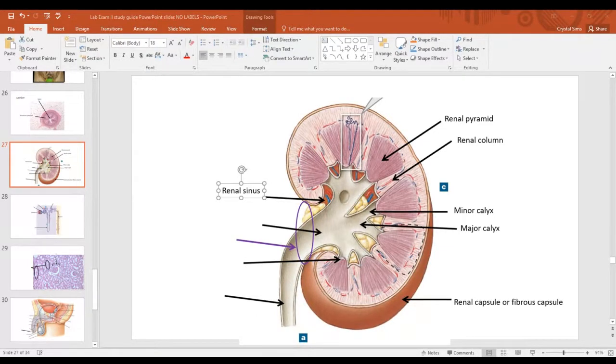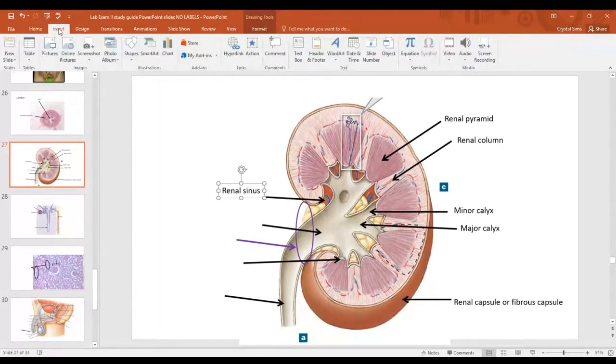Okay. Then I come on down to these two structures here, and what do I have there? Yes, that next structure is the minor calyx, and the next one is going to be the what? Major calyx. Yes. So the smaller one is the minor calyx, and the little bit larger one that drains two of the minor calyces is going to be the major calyx.